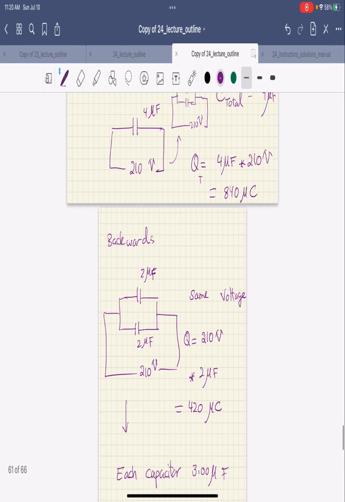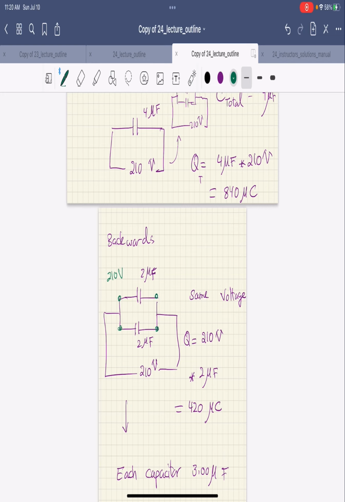Okay, I know that I have the same voltage. Then here I have 210 volts, and here I have 210 volts. And then I will be able to calculate Q for the 2 microfarad on top, and the other 2 microfarad, of course, is going to be the same. Then each is going to have 420 microcoulomb.